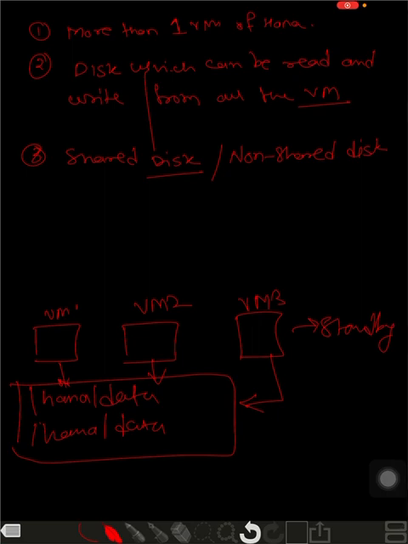In this scenario, you have to ensure that if VM2 goes down, then this connection is broken, meaning VM2 is not able to access HANA data and HANA log, and only VM1 and VM3 can access HANA data and HANA log. So these are the different shared disk and non-shared disk scenarios.